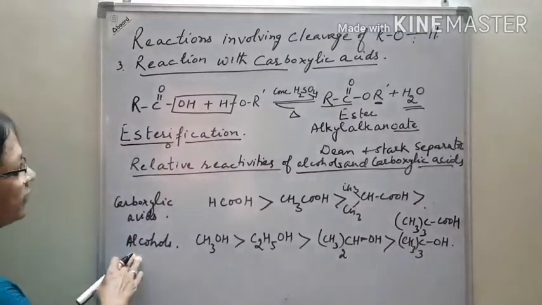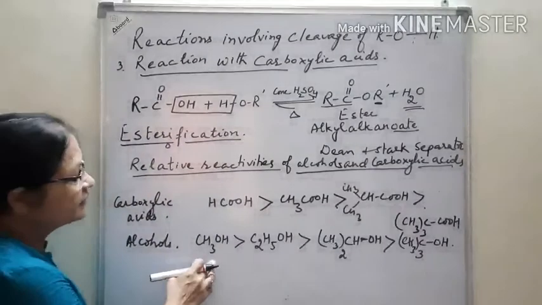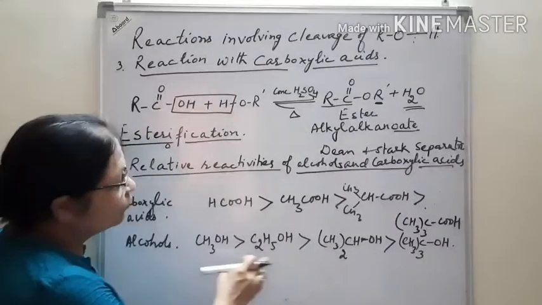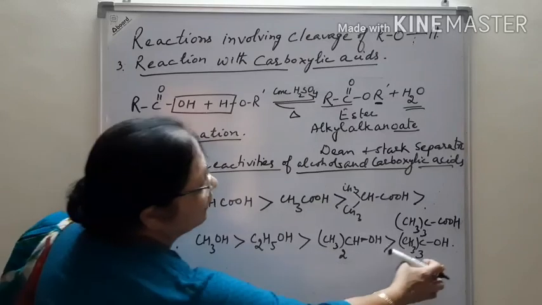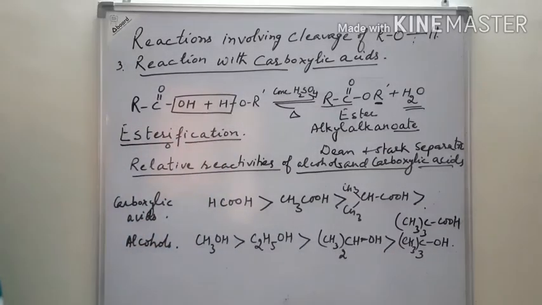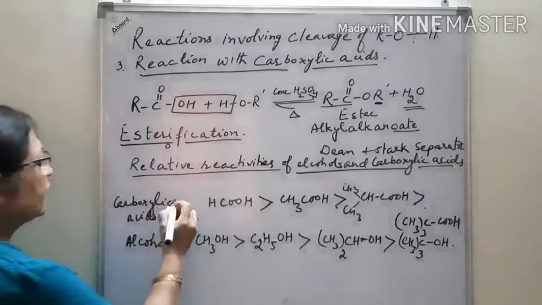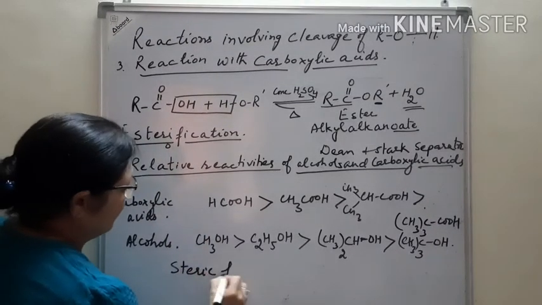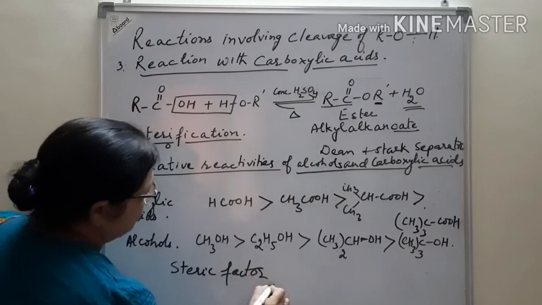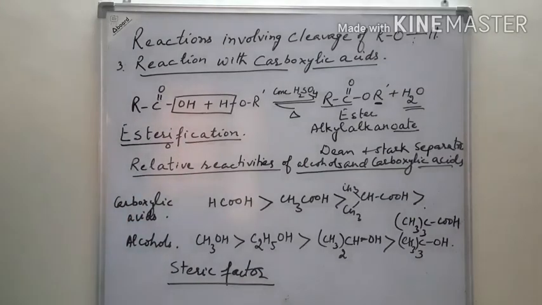And in the case of alcohols also, methyl alcohol reacts more easily as compared to ethyl alcohol, then isopropyl alcohol, and then tertiary butyl alcohol. That order of reactivity depends on the steric factor, right? That is all about the esterification.